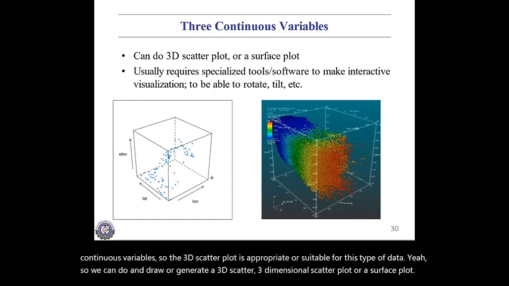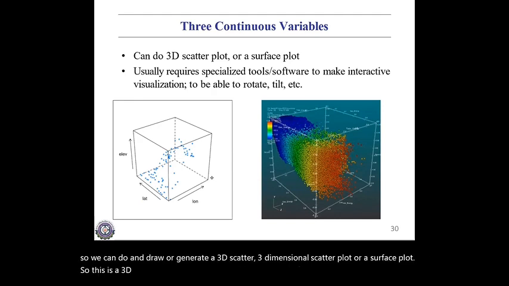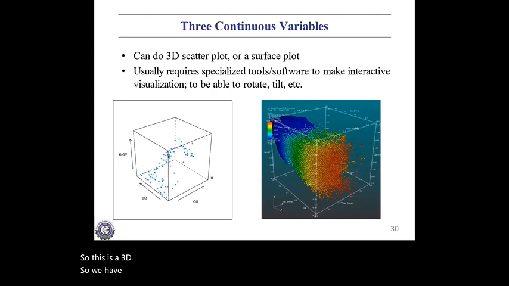So we have three variables here, for example, and it will generate the 3D. We can visualize X, Y, Z, so there is a depth.